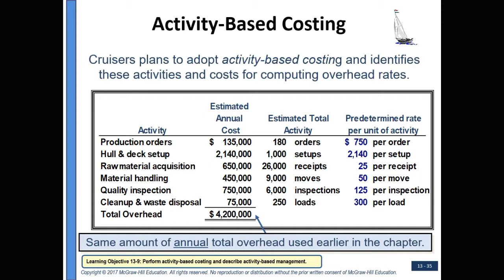For raw material acquisition, how many receipts, how many orders of materials came in. Material handling, how often did we have to move the material? Quality inspection, how many inspections occurred? And then cleanup and waste disposal. How many loads were there?